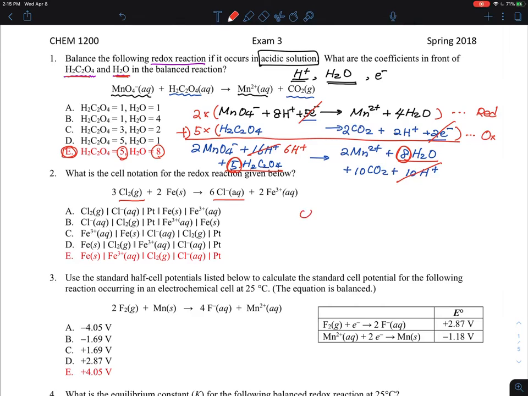So essentially Cl2 is reduced. There are 2 electrons and 2 Cl minus. So that's a reduction. And then that's how the oxidation occurs here.